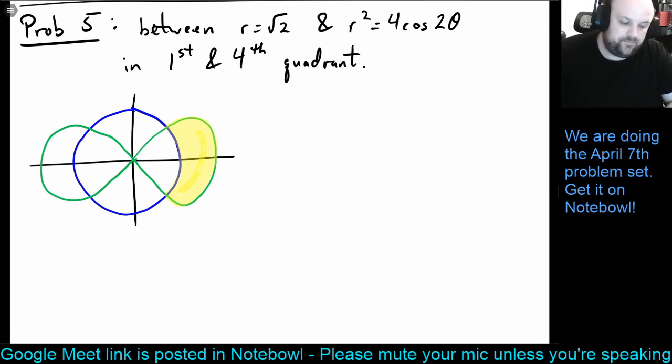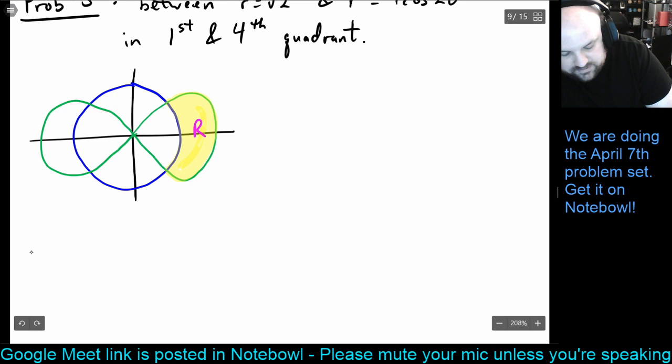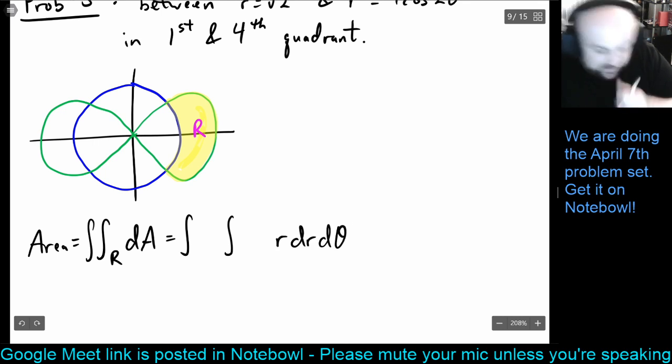So, let's call this region R again. So we're trying to compute this double integral over R of dA. So we need to come up with some theta values, some r values, and we have r dr d theta.